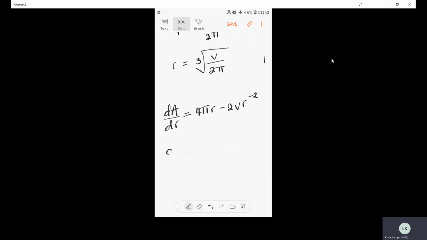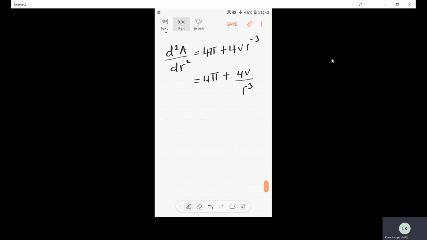Then when I get the second derivative, this is 4 pi, and then for this one the minus 2 will come down, multiply that one, I get positive 4v r to the power of minus 3. This is just 4 pi plus 4v over r to the power of 3.